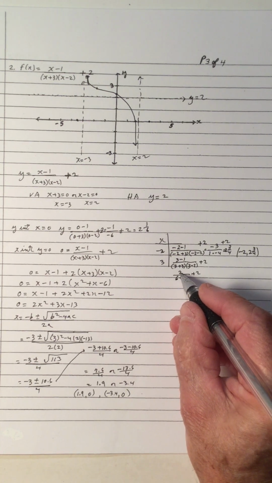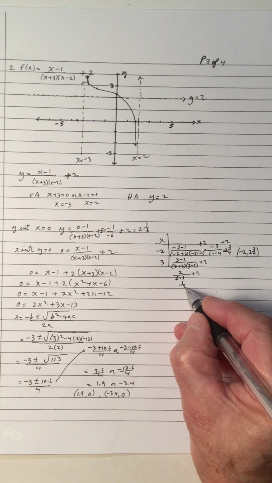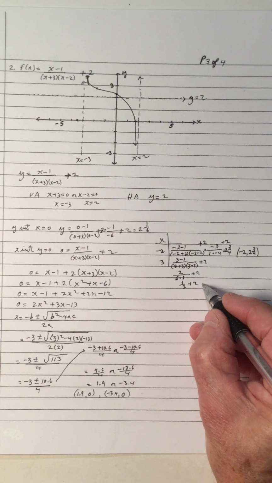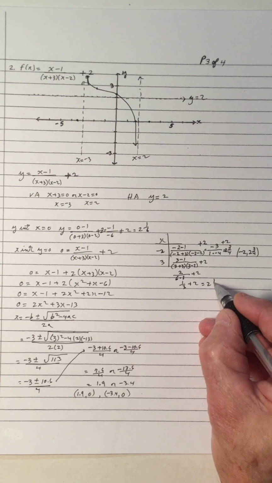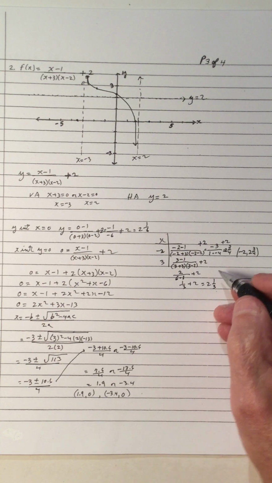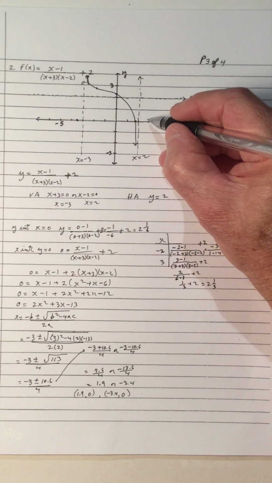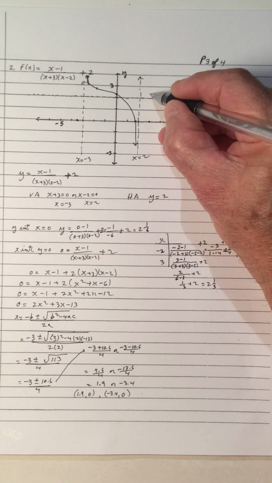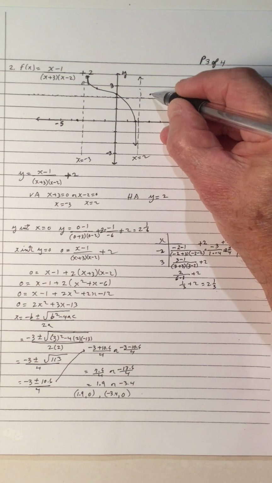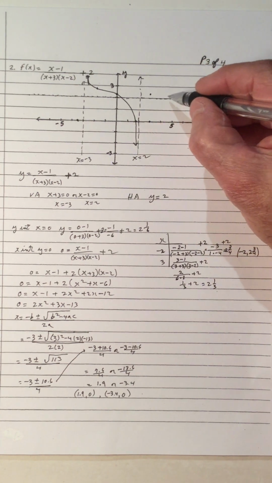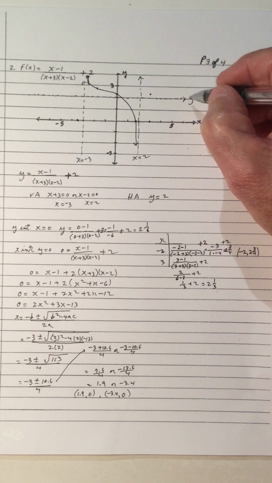So that's 2 over 6, which is 1/3, plus 2. So that becomes 2 and 1/3. So when I have a 3, I have a 2 and 1/3. So that means it's roughly right there. So as x goes to infinity, y goes to 2.